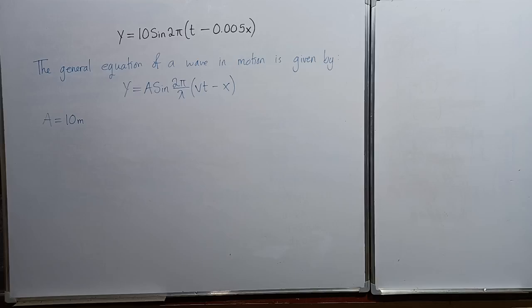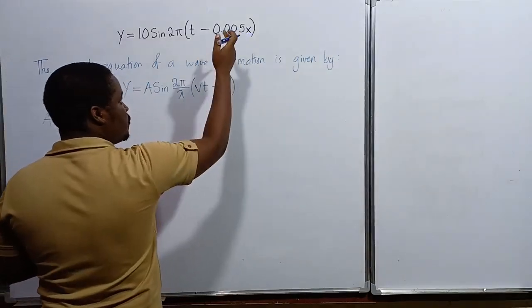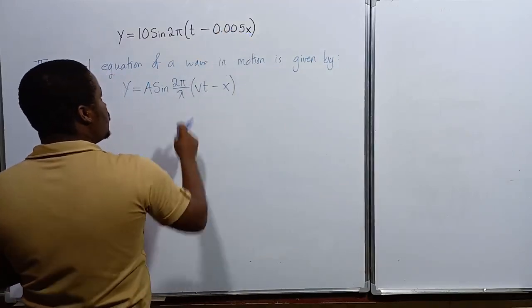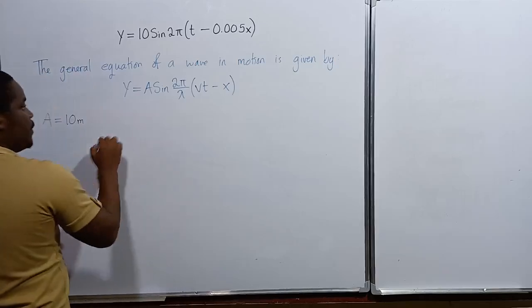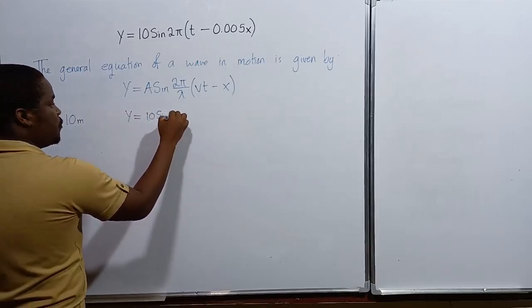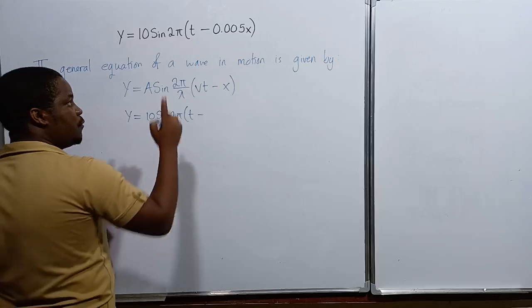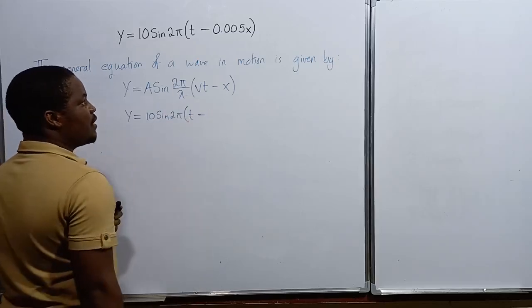So this is what I want to do. Here we only need x, but here remember we have 0.005. So let's get this and say y equals 10 sine 2 pi t minus, so let's change from a decimal, let's have it as a fraction.